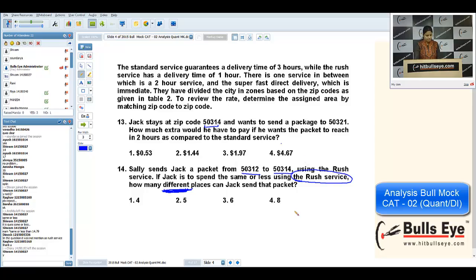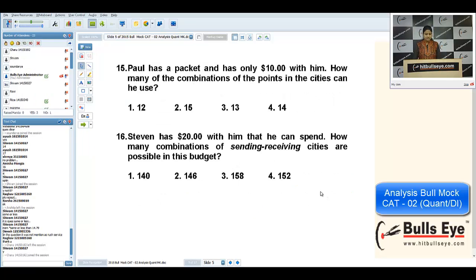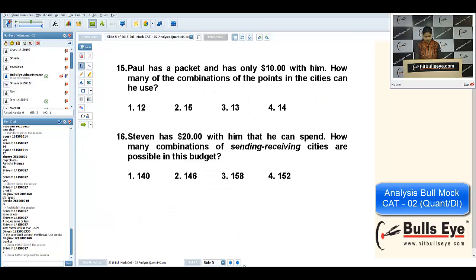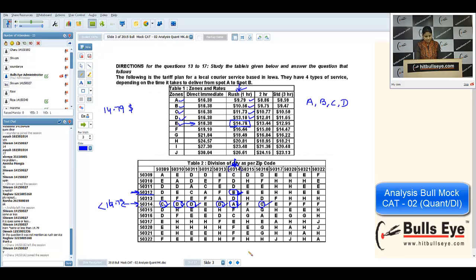Okay. Now another problem was the 16th question. Stephen has $20 with him that he can spend. How many combinations of sending receiving cities are possible in this budget? $20. Now I'm coming to the table once again. See, less than $20, there are many services.